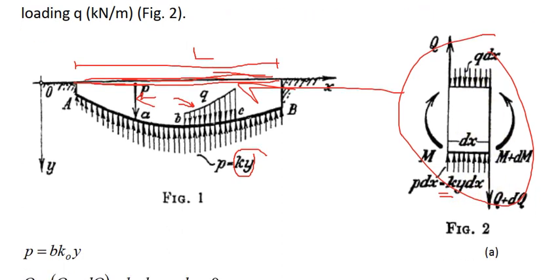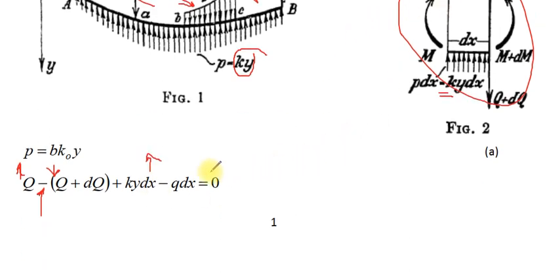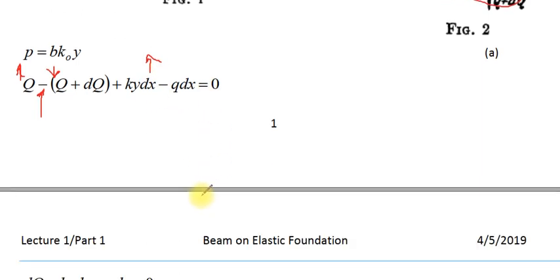Now apply equilibrium, summation of y: Q, and down Q plus dQ with sign negative, plus Ky dx positive, minus Q dx with sign negative, equal to 0.